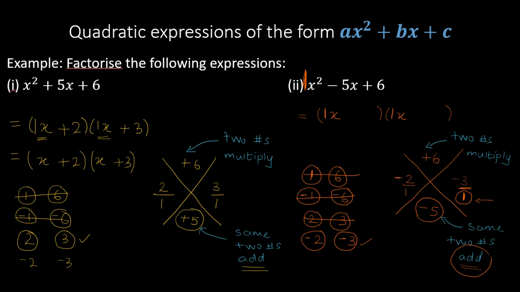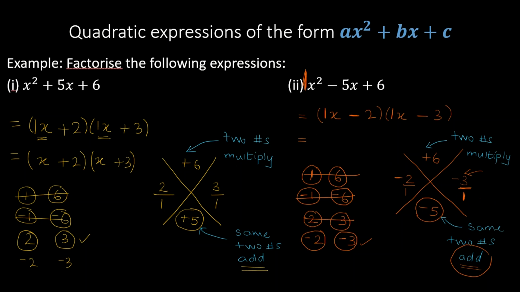Now you consider the numerators. Here we have negative 2. You insert it in the first pair of brackets, negative 2. And now you consider the second numerator, which is negative 3. You insert it in the second pair of brackets.